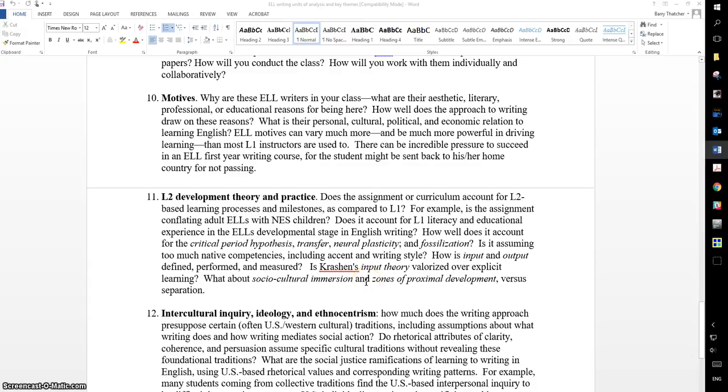Now, number 11 is what I call L2 development theory and practice. This is why I love this field so much. And this asks the question, does the assignment or curriculum assume that these are L2 people writing, or does it just assume an L1? There are two basic conflations with second language theory.